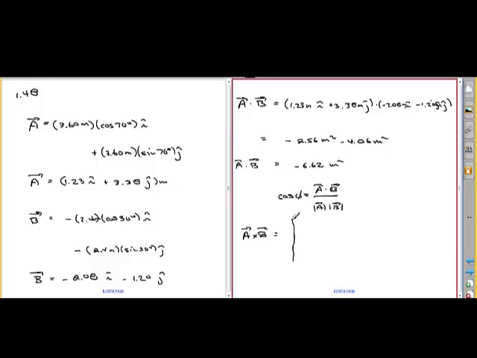So we set up our determinant. And the next, so a is 1.23 meters, 3.38 meters, and here's 0. We don't have any k. And then we have negative 2.08 meters and negative 1.20 meters and 0.